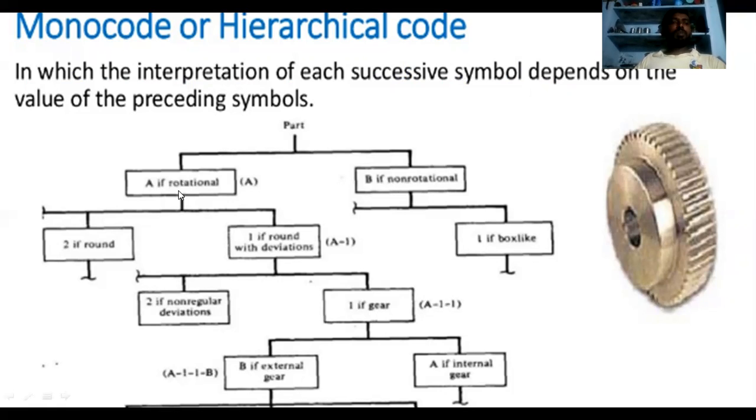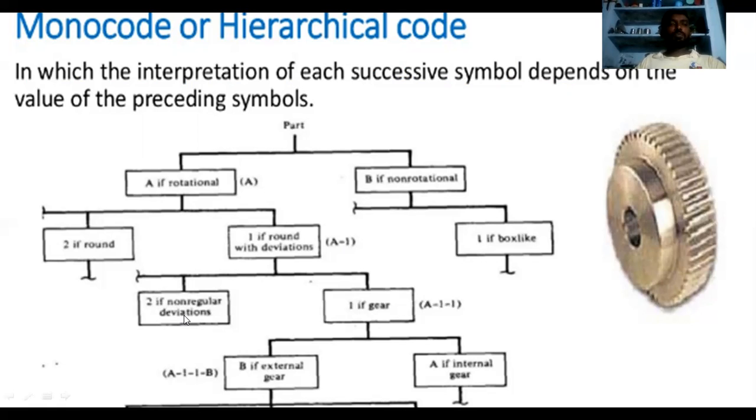In the rotational case, we have some further classification. Under A we can go for 1 and 2. If it is round, that is the first one, A minus 1. If it is round with deviation, we go for A minus 1, and again we have a further split. If it is a gear, we choose A minus 1 minus 1.